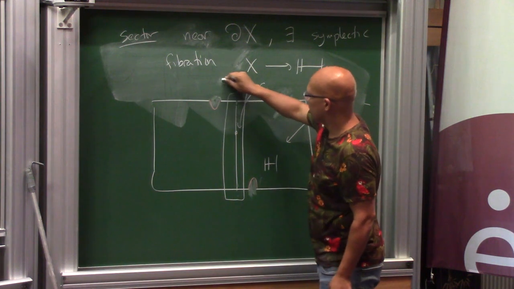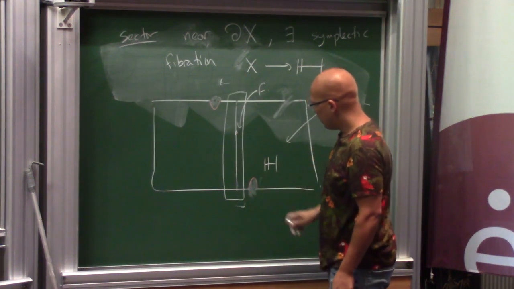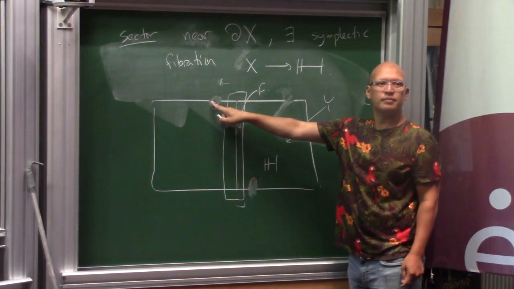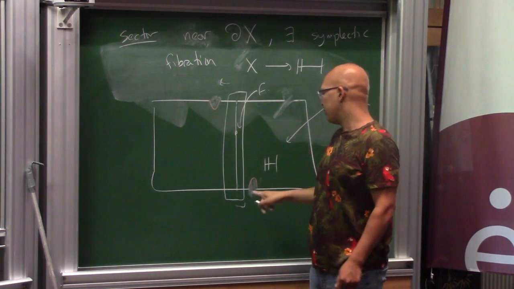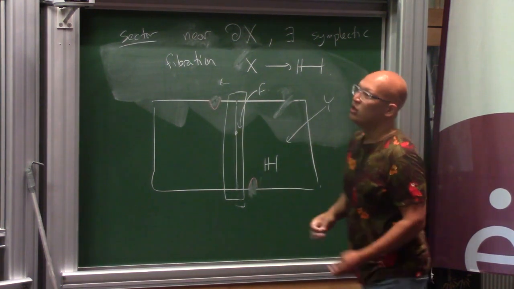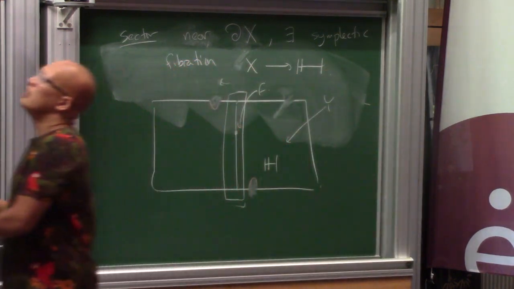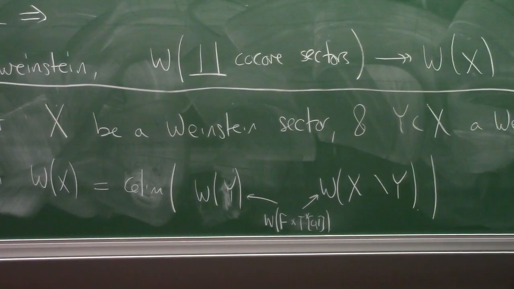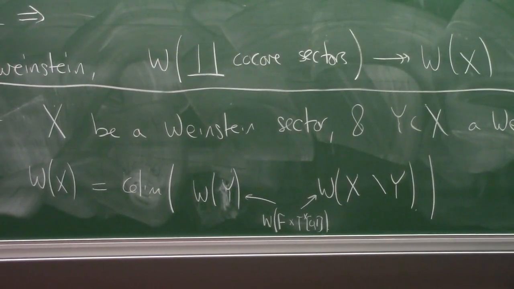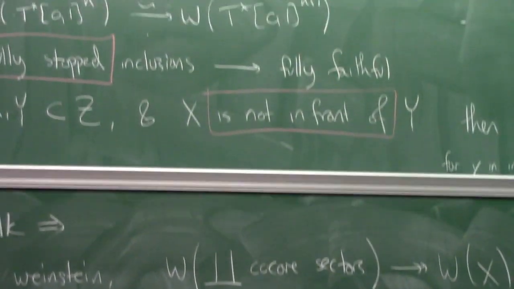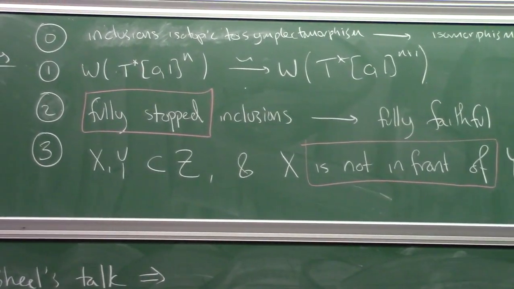Because this is the right direction, and it runs right into these new stops. These new stops, by definition, are just deleting F here. So that lets me appeal to axiom 2 and learn that in this new sector, the inclusion of F is fully faithful.